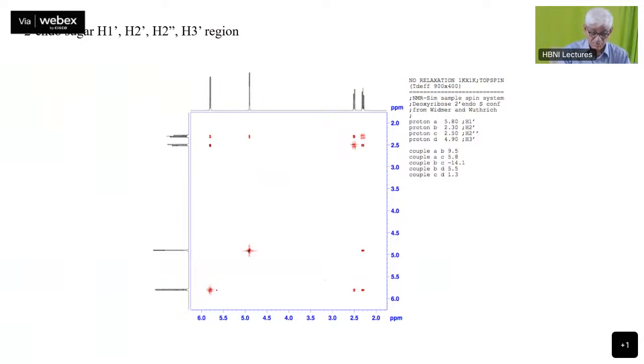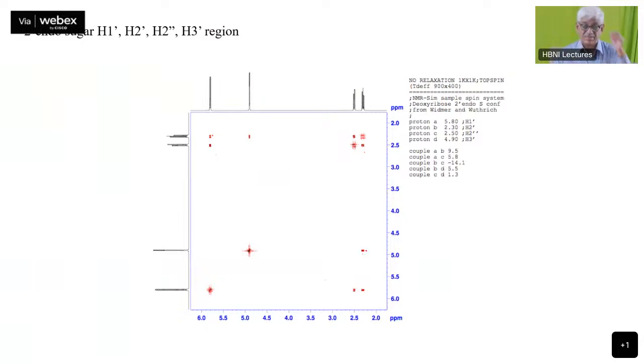This is the 1' to 2' and 2'' cross peaks, and this is the 2' to 2'' cross peak. And this is the 3' here, 2'' to 3' and 2' to 3' you have here. As I said, 2' to 3' you will see in the case of C2' endo. You will not see that in the case of C3' endo.